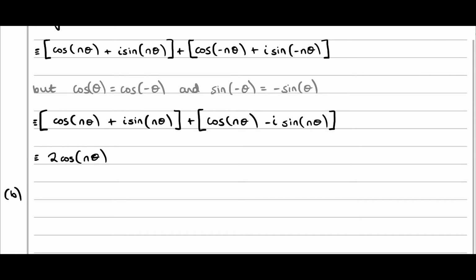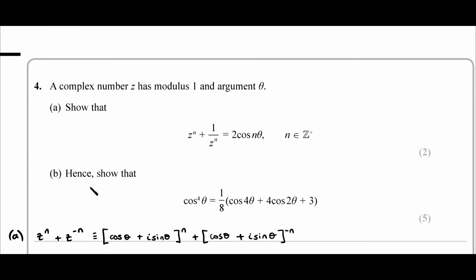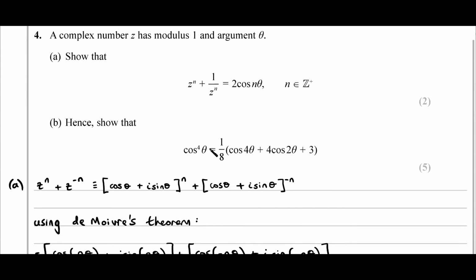Part B. Hence show that cos theta to the power of 4 is equal to 1/8 lots of cos 4 theta plus 4 cos 2 theta plus 3.